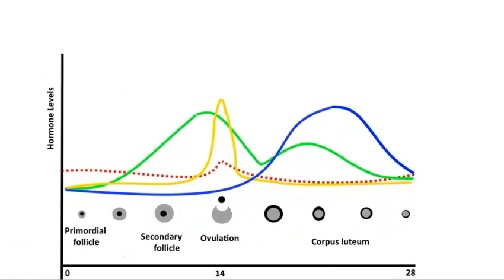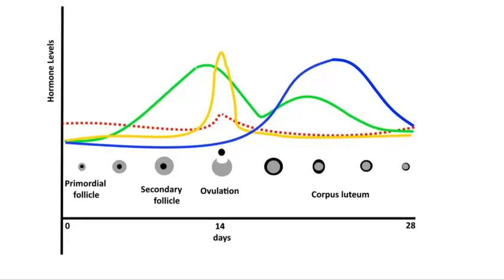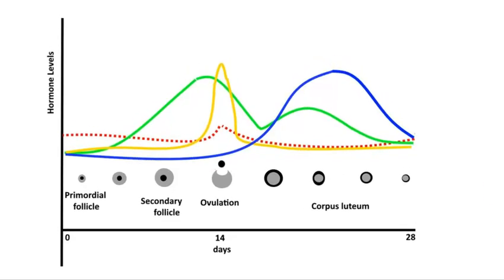The information that I've just presented is often shown in a more complex diagram in which we have hormone levels on the y-axis, time on the x-axis, with in my diagram, the primary events to be considered and their coordination.